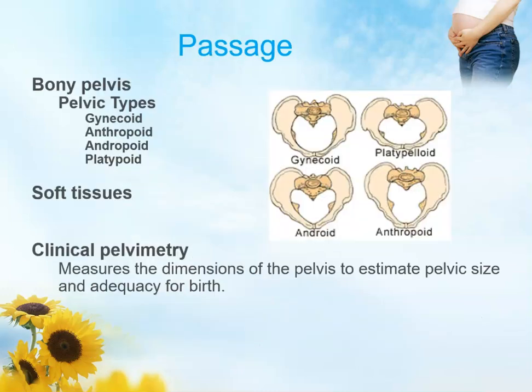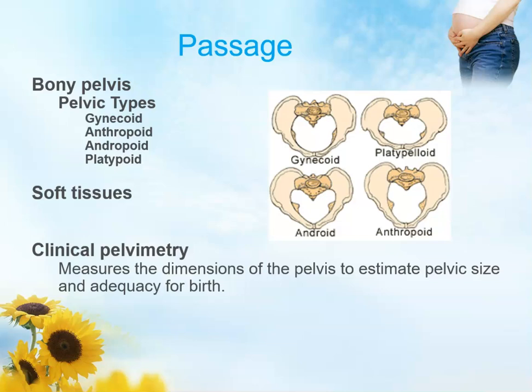The passage, this is her pelvis. That's the passageway, the pelvis. It consists of a bony pelvis, soft tissues, and then we talk about clinical pelvimetry. But if you look at the pelvises, there are different types: the gynecoid, the anthropoid, the android, and the platypelloid.